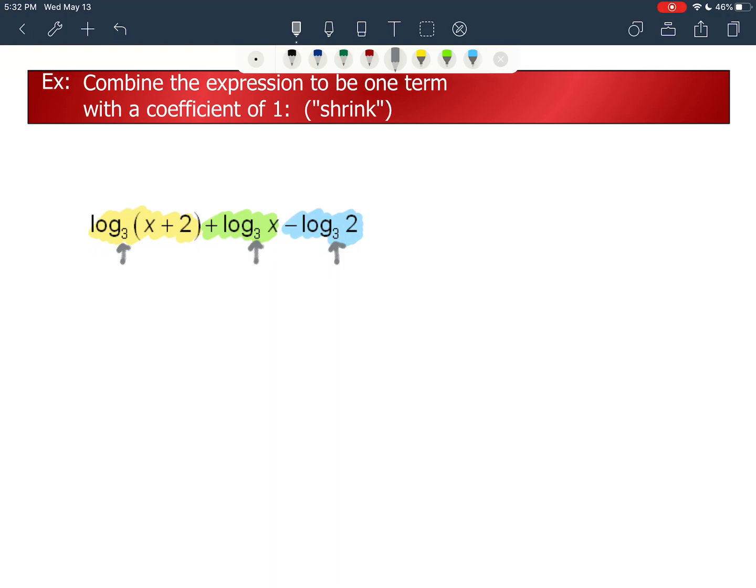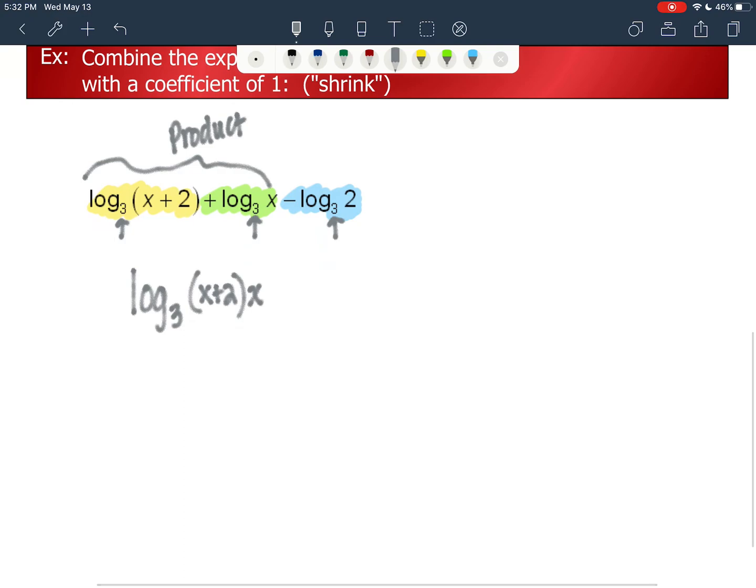What I'm going to do is I'm going to rewrite log base 3, and then I'm going to use my product rule. So this will be a product rule. So that's going to become x plus 2 times x.